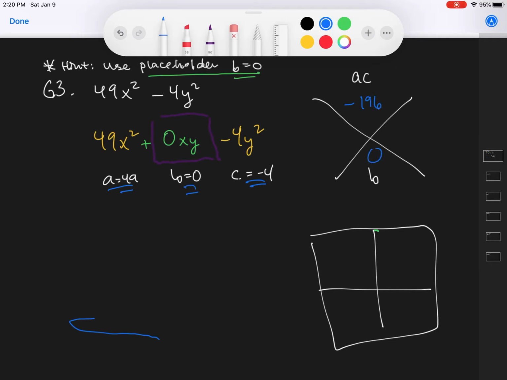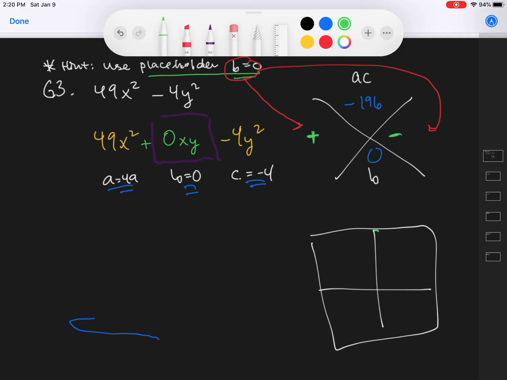Okay, here, when the b is equal to 0, let's see if we can point this out. These two numbers, one is going to be a positive, and one's going to be a negative. That means these same two numbers, they're going to be the same number.